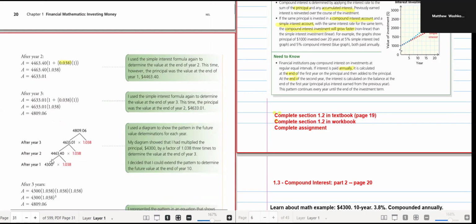As you can see here, here's year one. It's times by this number. We get this new figure. So year two, they times it by that same figure. They get the year three amount. They times it by that figure. They get the year four amount. And it can go up and up until you reach year 10 to get the answer.